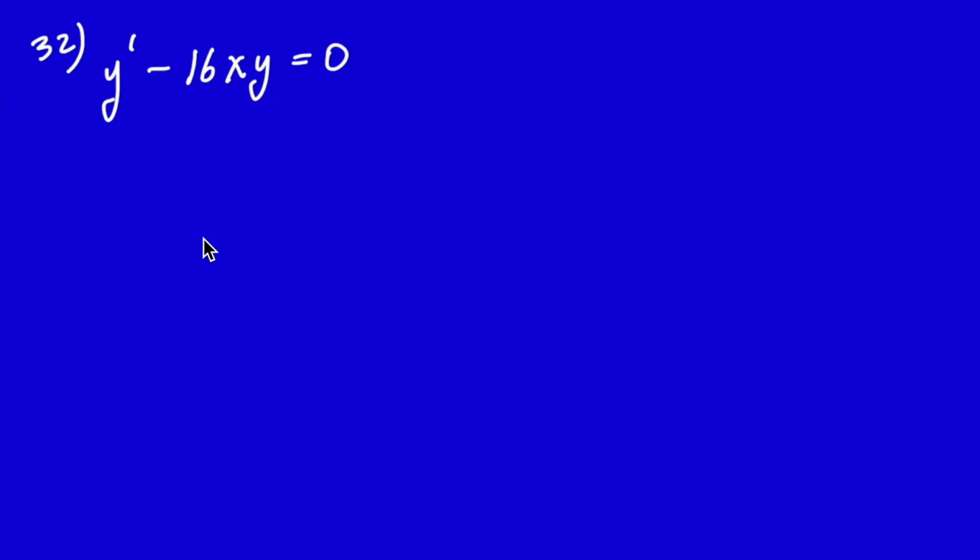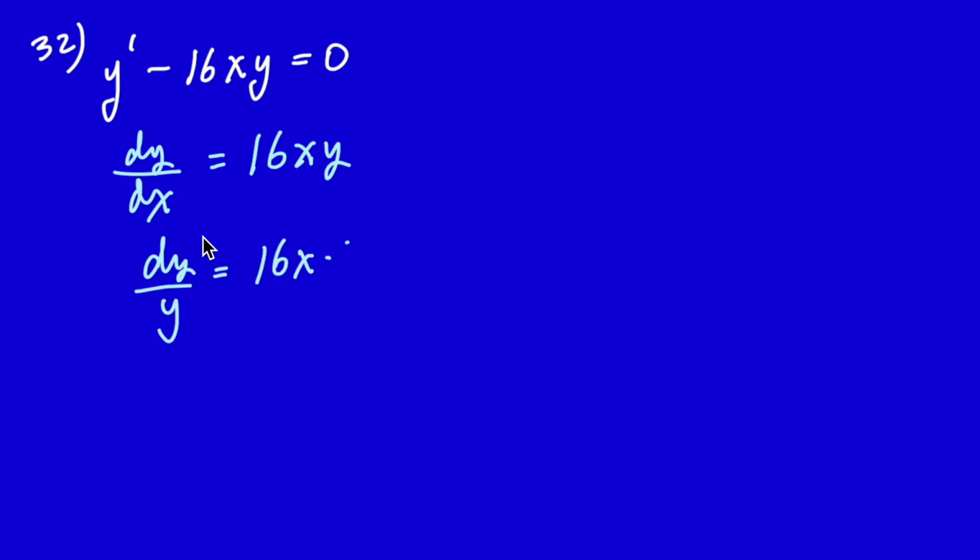Next we have y prime minus 16xy equals 0. Excuse me, we're going to rewrite y prime as dy dx. We're going to move 16xy to the other side. We're going to divide by y, and we're going to multiply by dx.